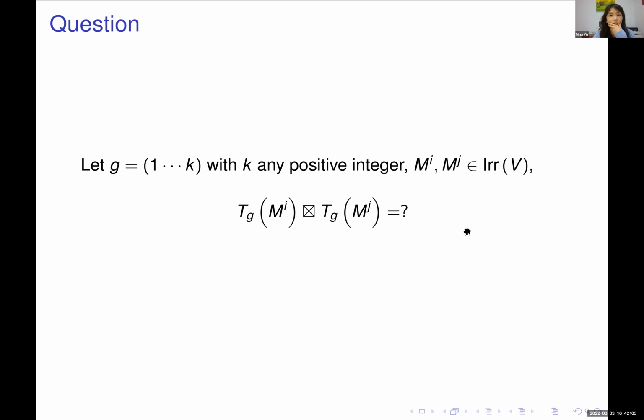Then in that case, that will make the calculation much more complicated. And this is the next question that we need to consider, and we still need to do more calculation to get a formula for this case. And I think that's all for my talk. Thank you.